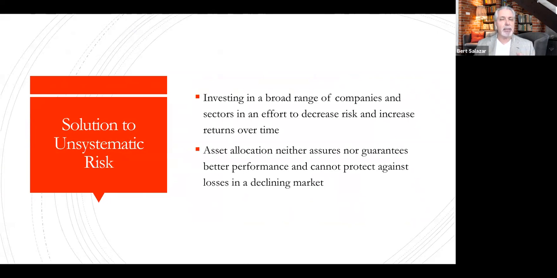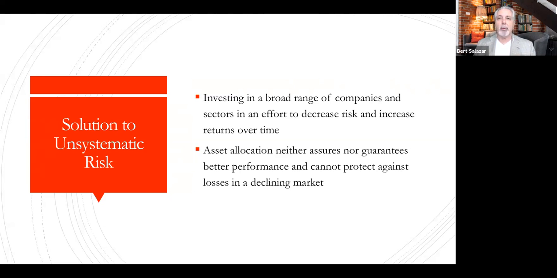Now, the challenge, and this is what we call asset allocation. So you want to make certain that you diversify amongst many different companies and in many different sectors in order to minimize that volatility. But one of the challenges with asset allocation is that it neither assures nor guarantees any better performance or that it can protect you from losses in a declining market.